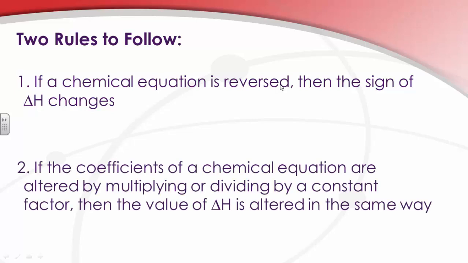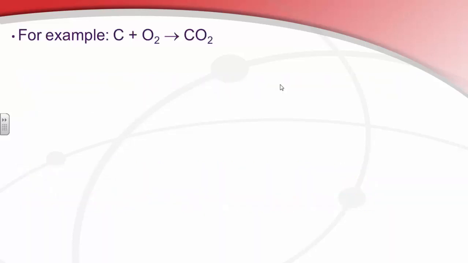If the coefficients of the equation need to be altered, for example, multiplying or dividing a reaction by a constant factor to get what we need, well then we also have to multiply or divide the energetics, the value of delta H. So it's probably easiest for us to take a couple of examples.